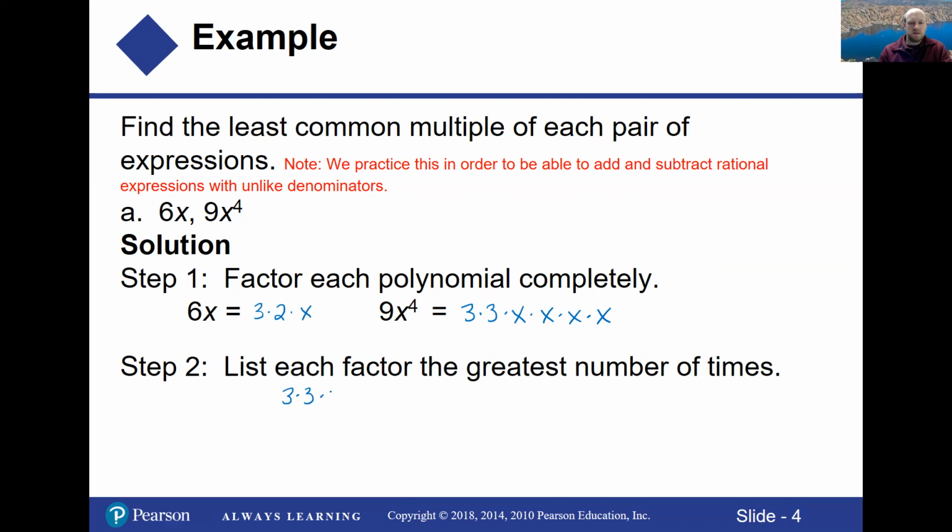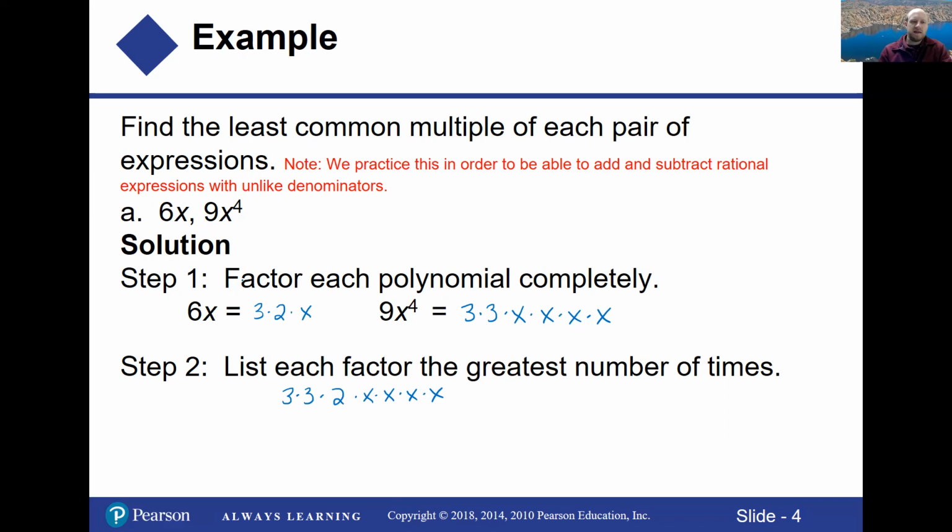Well, it's just once, so it would just be a 2. Even though 9x to the 4th doesn't have a 2, we still have to include it. And what's the greatest number of times x occurs in either of these? Well, it's 4 times, so I'm going to write all those x's out. You generally don't have to do that. Another trick would just be to ask, what is your greatest power of x? Well, it's x to the fourth.